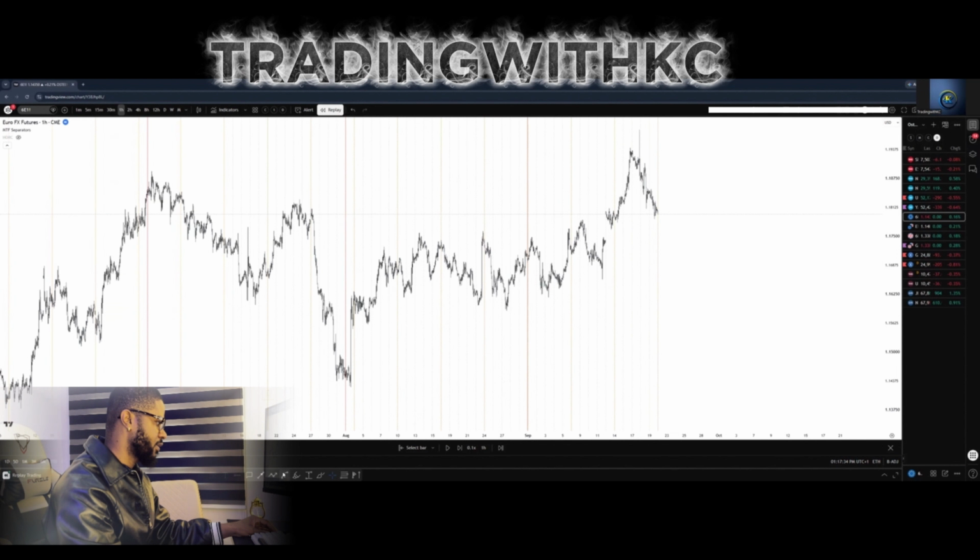For instance, if I have something like this, price creating higher highs and higher lows, and then I have this imbalance that is formed within this area. Imbalances are simply areas of inefficiency in the market, that is, areas where buyers and sellers overlap with each other. So if this is my imbalance, this is my resistance area and this is my support area.